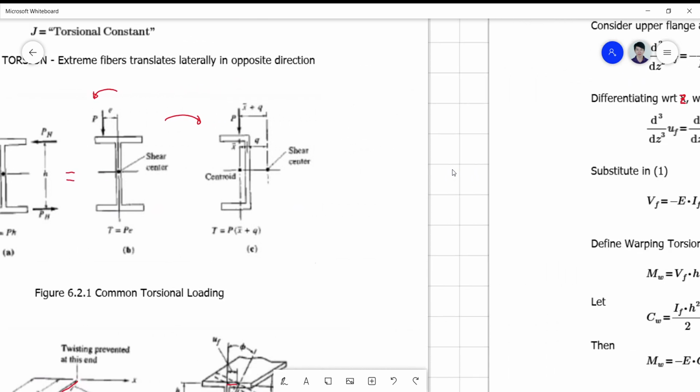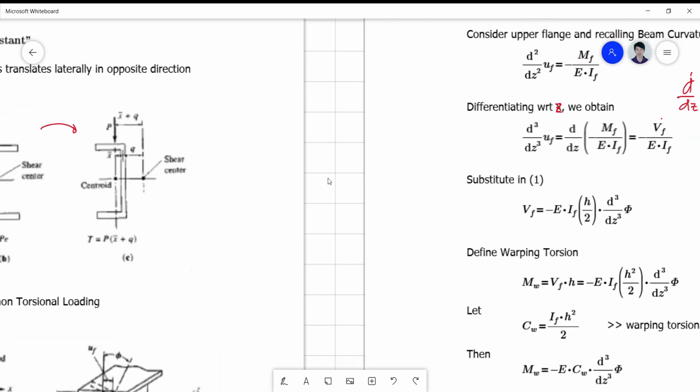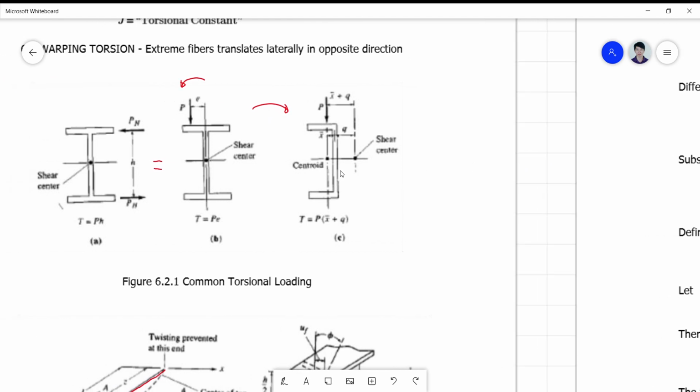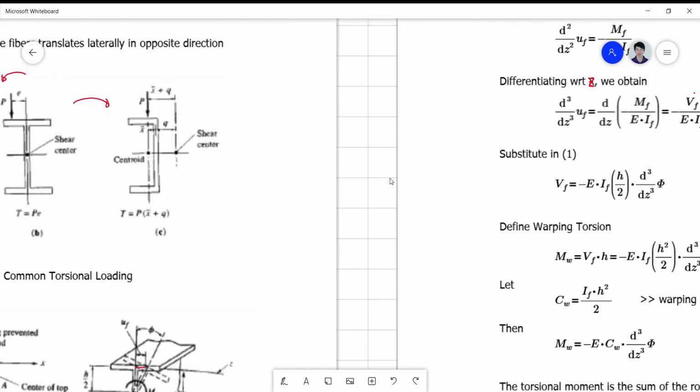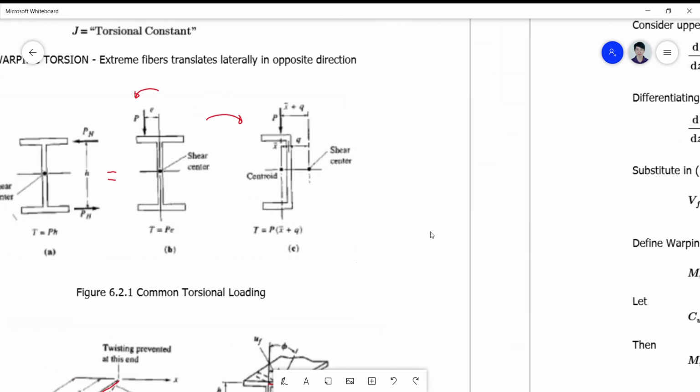Okay, and therefore if we try to look at the shear, if we represent this pH as your shear force, so this is now assumed to be your shear force at the flange BF.